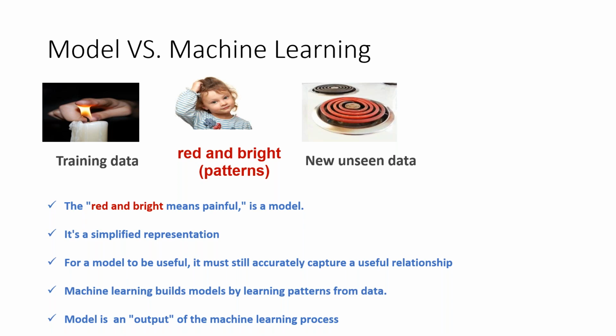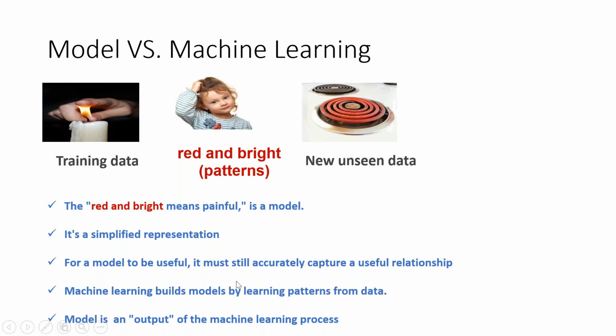She doesn't understand nerve endings. She doesn't know how the brain works. She doesn't understand how pain is caused. Only based on experience, she understood anything red and bright may be pain, and that is how she protected herself with new unseen data. So basically a good model is a simplified representation of the real world.